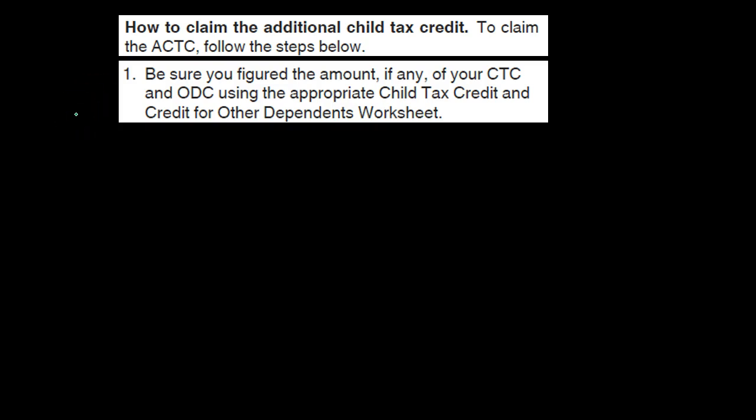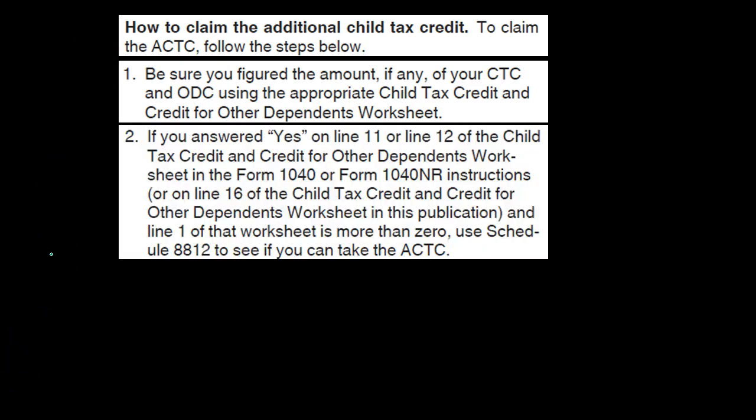Number 1, back to the text, be sure you figured the amount, if any, of your CTC, child tax credit, and ODC, other dependent credit, using the appropriate child tax credit and credit for the other dependents worksheet. So we'll first take a look at the child tax credit, other dependent credit, before considering the additional child tax credit.